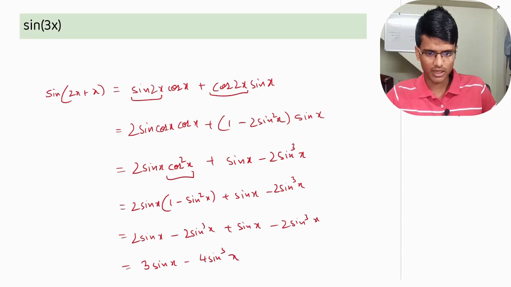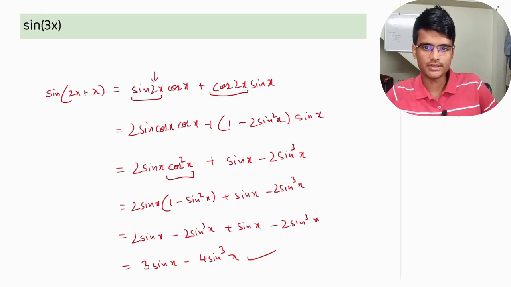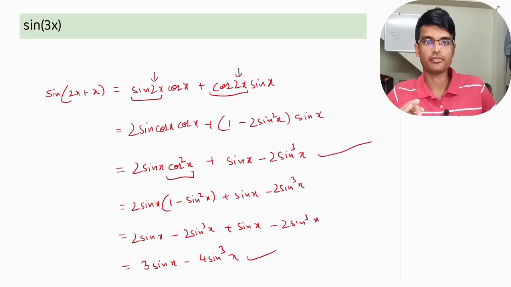So this is the formula that you need to remember. What I did first was reduce 2x to x, so all the trigonometric functions are in terms of x. Then I changed cos in terms of sin and simplified it. So this is our formula that you need to remember.